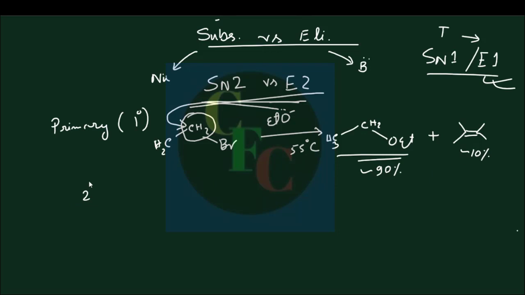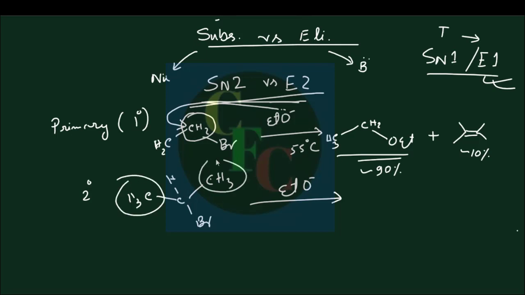But if you take a 2 degree substrate, suppose say CH3 CHBr CH3, and you give the same base or nucleophile, whatever you can say, now this ethoxide, rather than attacking here from the back side, because there are two bulky methyl groups, prefers to abstract the proton here.